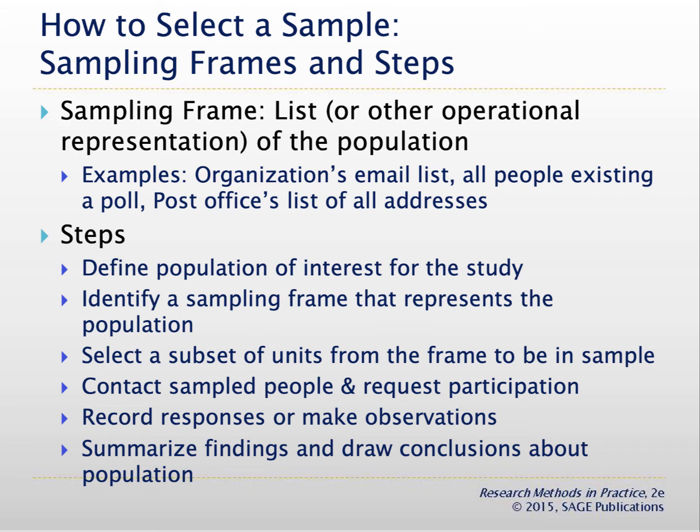There are lots of sampling frames that are lists, but unfortunately, there often aren't lists of the population that we want to describe. So how do we get the people, or the elements of the population, that we want? A common one is all people exiting a poll, not existing, exiting.